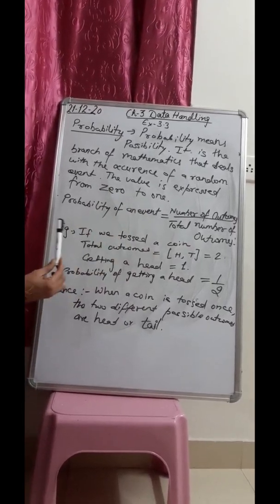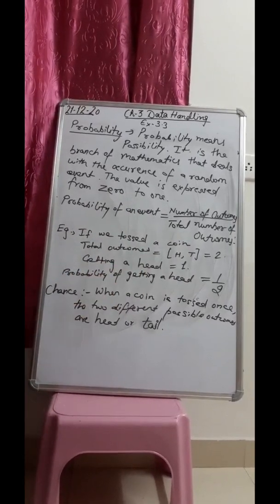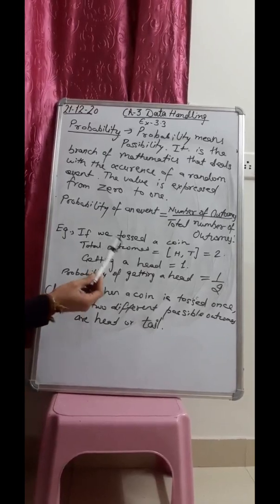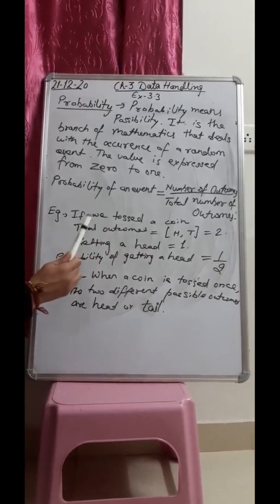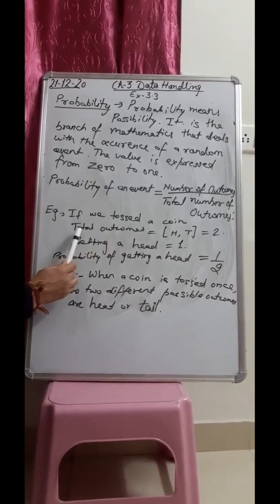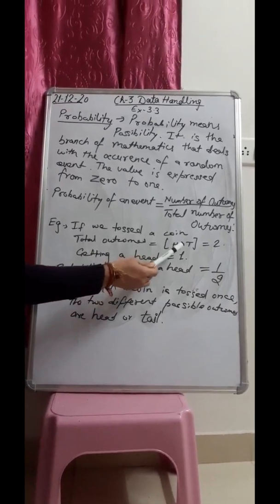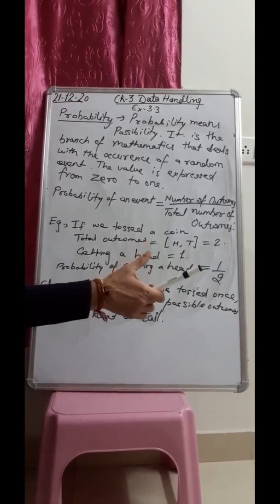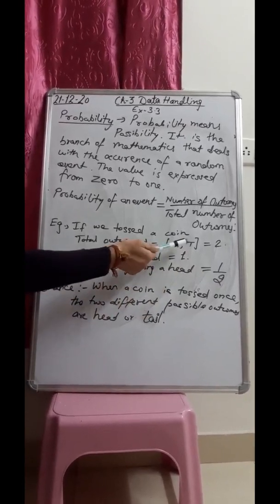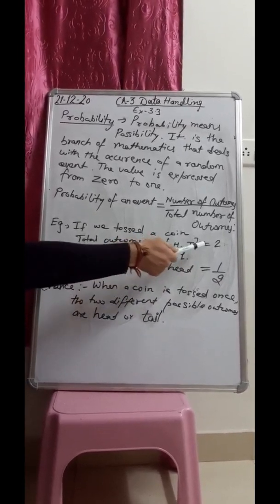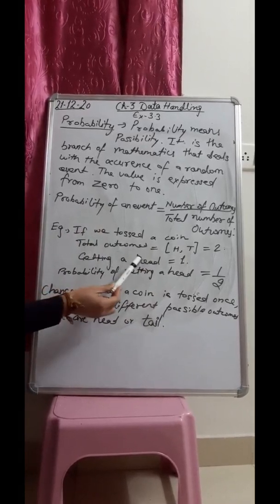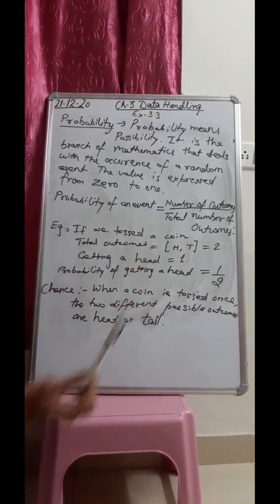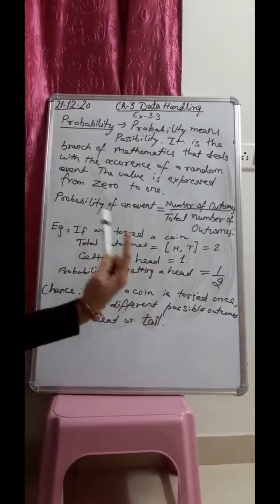For example, if we toss a coin, the total number of outcomes will be 2. Why? The outcomes might be head or tail. When we toss a coin, either head will come or tail will come. That means the total outcomes will be 2. If we are asked to get a head, the number of favourable outcomes will be 1, because out of 2 we can get a head only one time.